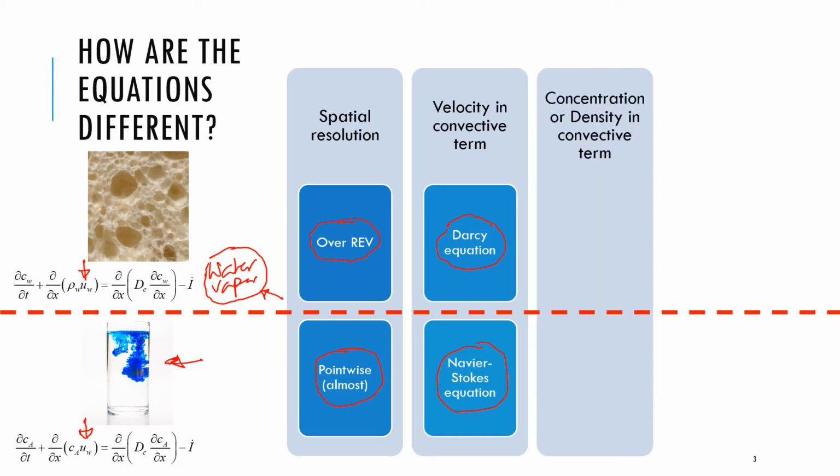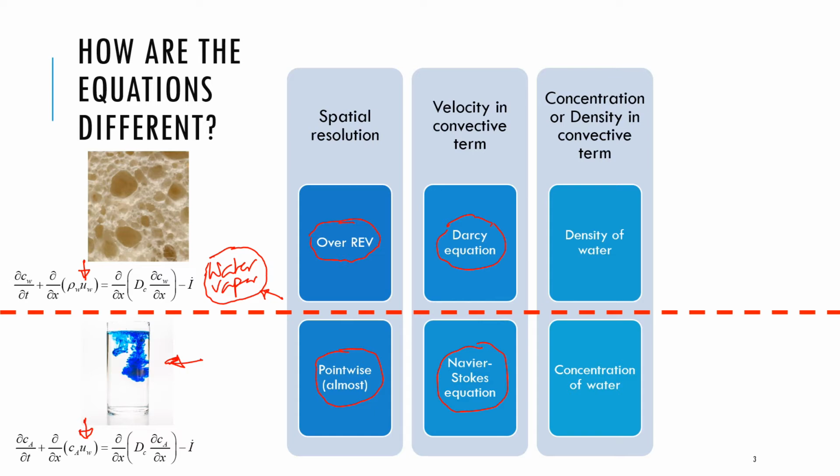Another one related to the velocity is how we deal with the convective term. In the convective term here, we use the concentration of the phase that we are writing the transport equation for. But here in porous media, we write the density of that phase.